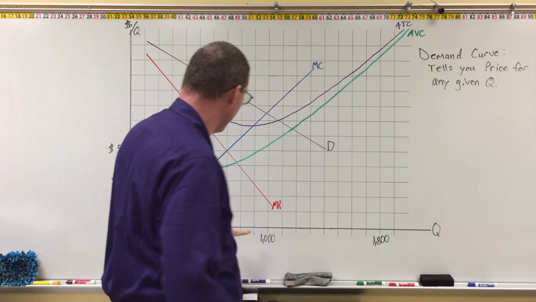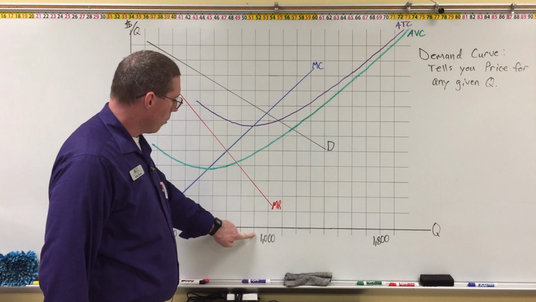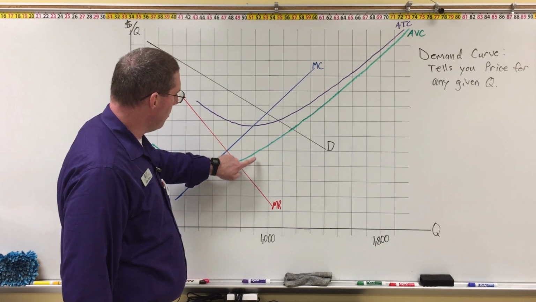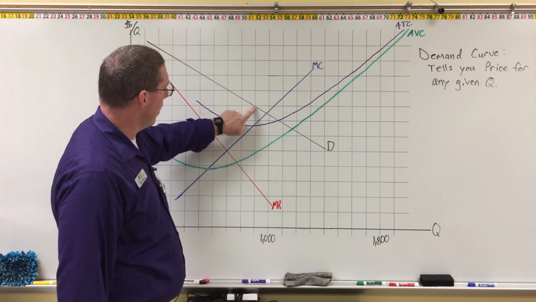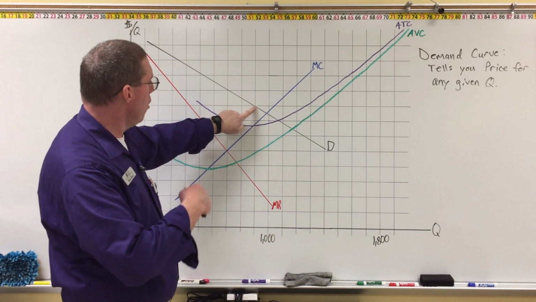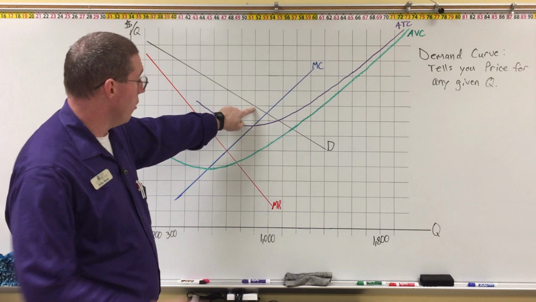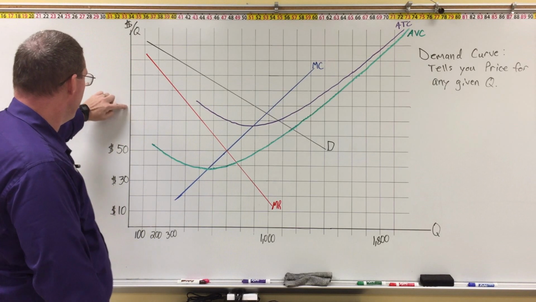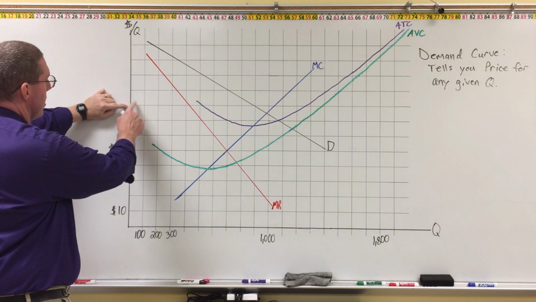So if we go to 900 here, we follow 900 vertically up to the demand curve, and it hits right there. Then we go over and find the dollars, the y coordinate. Going over here, it's 50, 60, 70, 80.